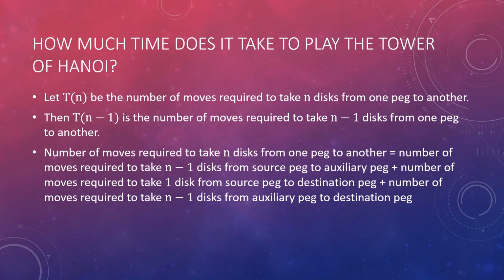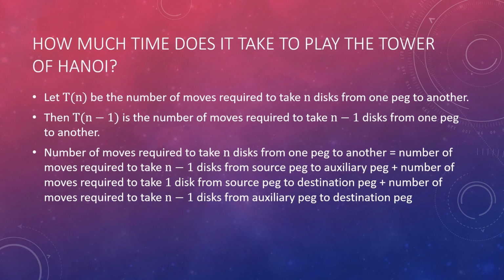Now, number of moves required to take n disks from one peg to another is number of moves required to take n minus 1 disks from source peg to auxiliary peg. This is step 1. Plus number of moves required to take one disk from source peg to destination peg.